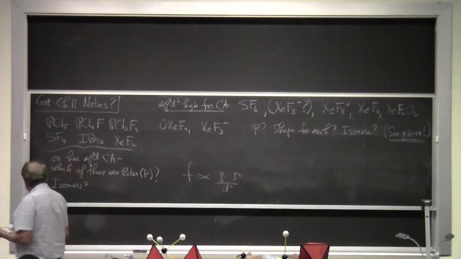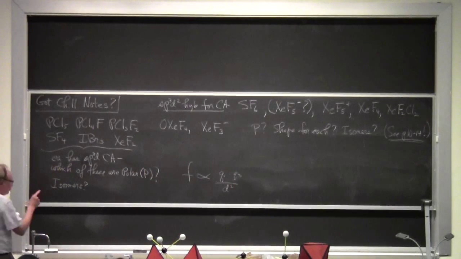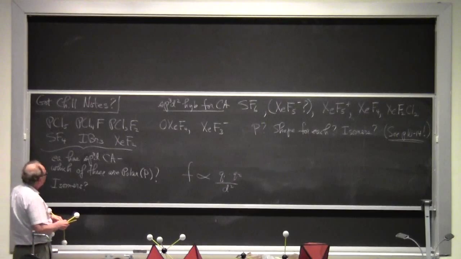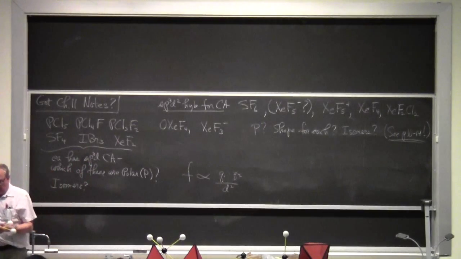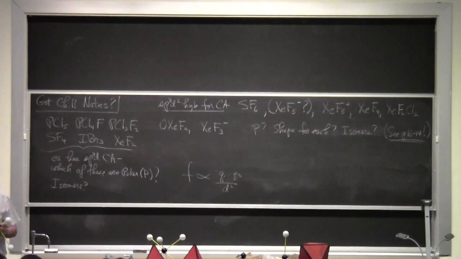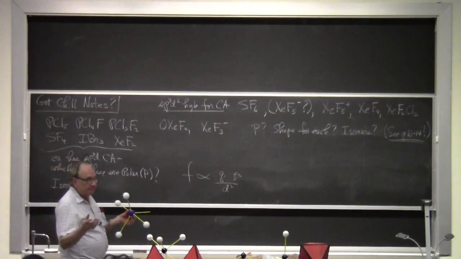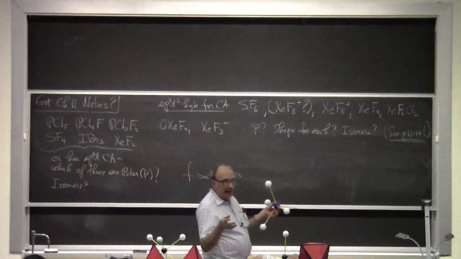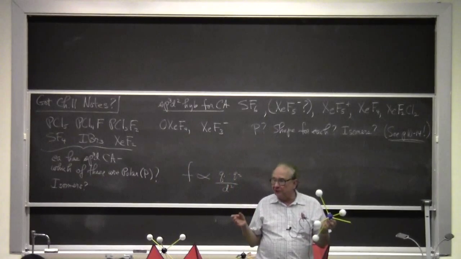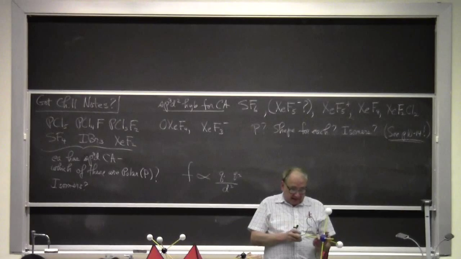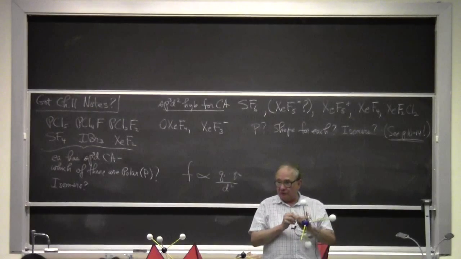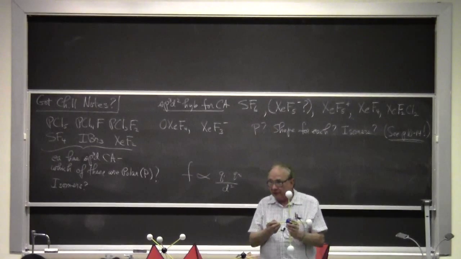Now then, the same consideration, that is Coulomb's law, arises when you go to IBR3. And in going to IBR3, by the same assessment, you count up the number of non-bonding pair, bonding pair repulsion interactions that are at a 90-degree angle with respect to each other, and you realize that the second non-bonding pair also is better situated equatorially.